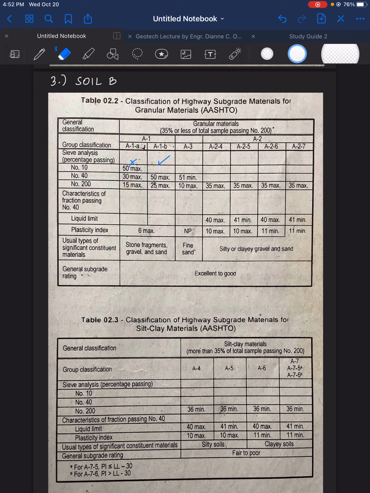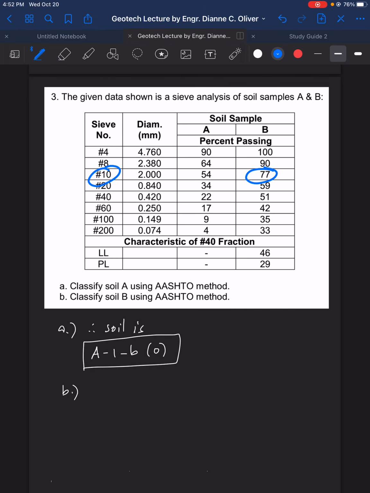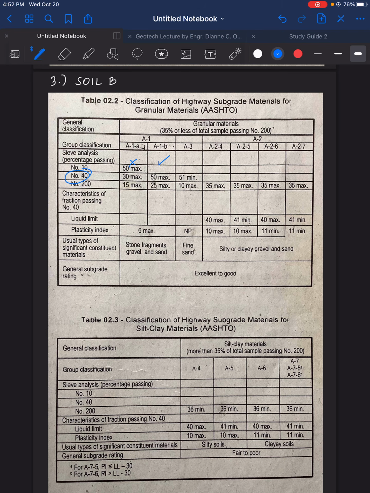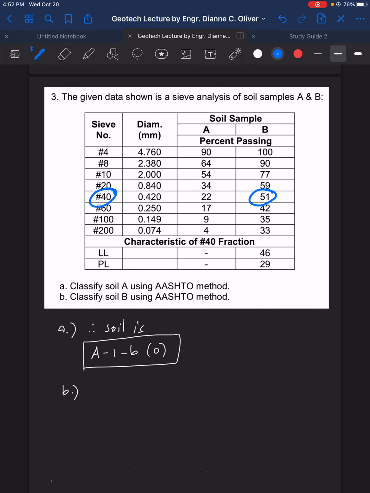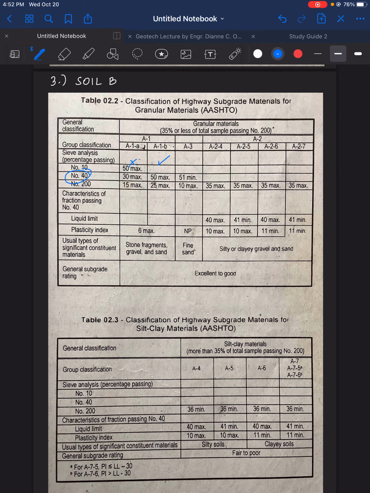Next, let's go to number 40. What's the percentage passing on number 40? We have 51%. So, 51%, does it satisfy the criteria 50 max? So, again, it is 51%. And then in A-1-B, 50 max? No. It goes here, 51 minimum.